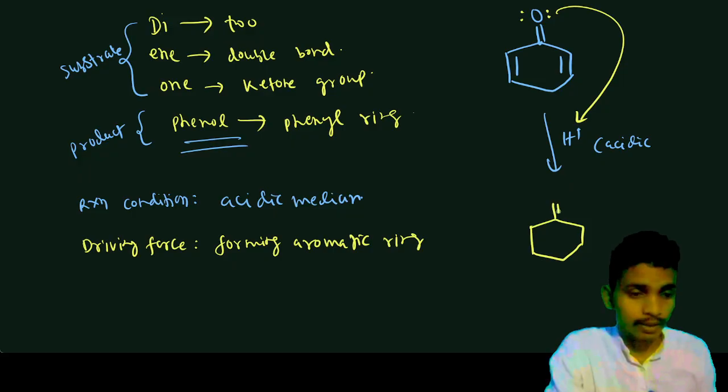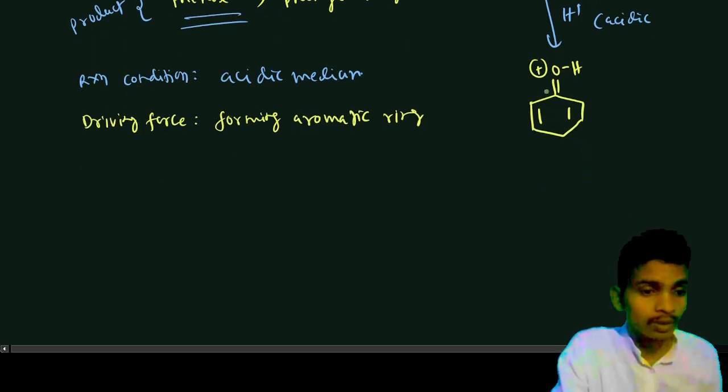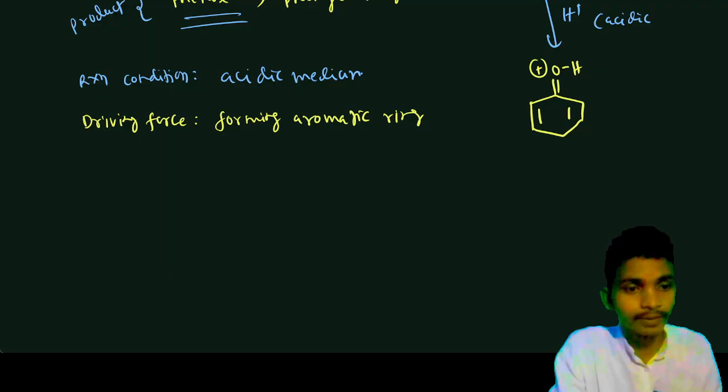So here we get O with H, and this becomes the positive charge, because the lone pair electrons attack the proton, and these are the two double bonds. Now, because oxygen is more electronegative, it will attract electrons towards itself, so the electrons move here.